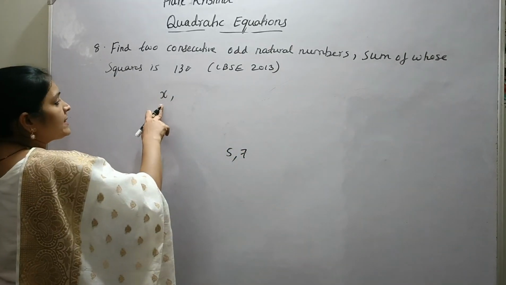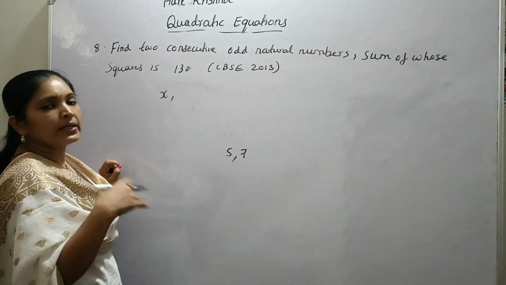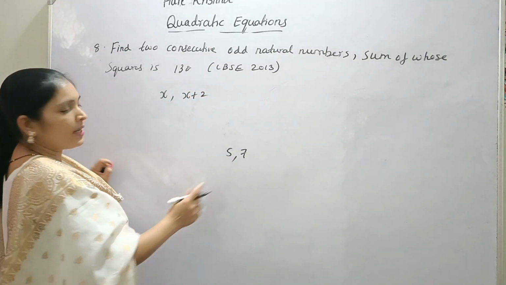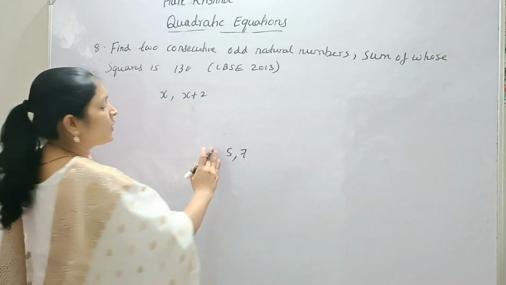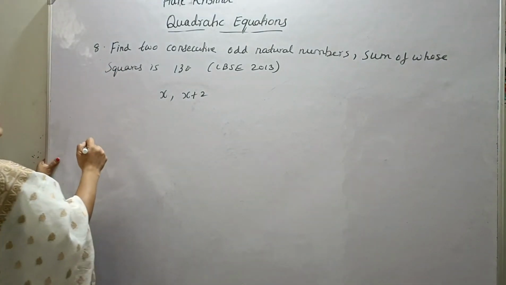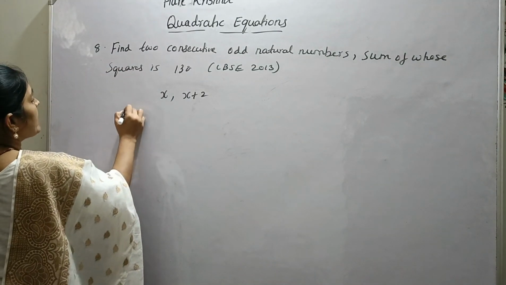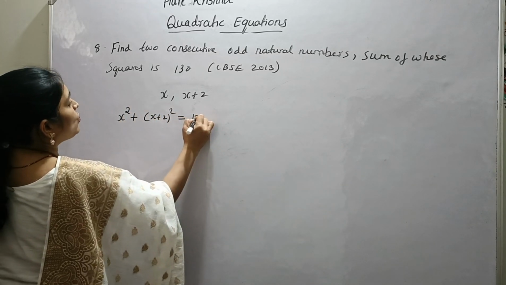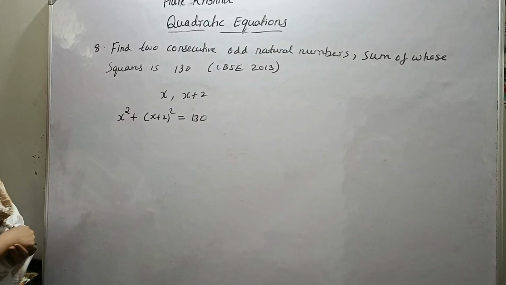So if x is the first odd number, then what is the next odd number? x plus 2, right? 7 is nothing but 5 plus 2, right? Okay. So here it is given that the sum of whose squares, that is x square plus x plus 2 whole square, is equal to 130.